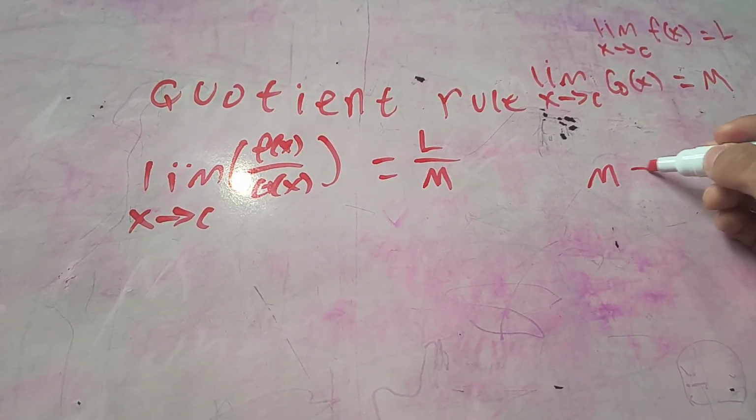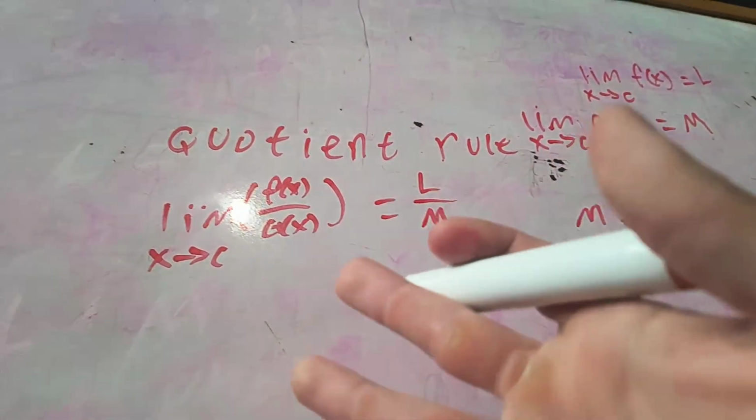M can't be 0 because it would be undefined.